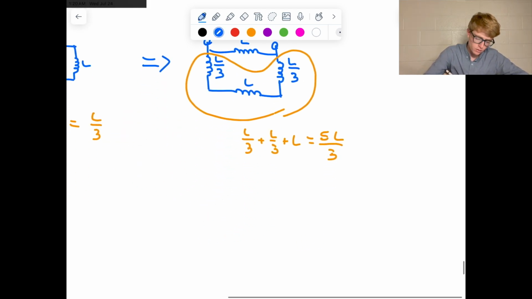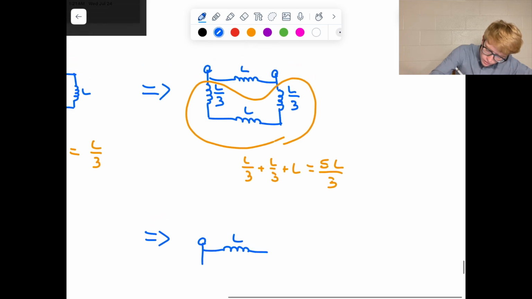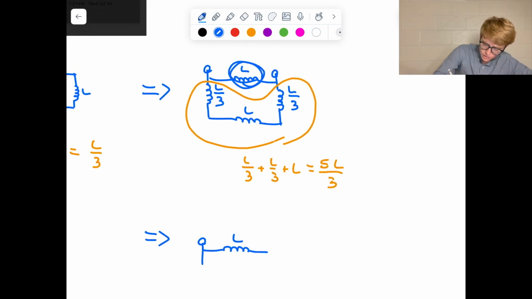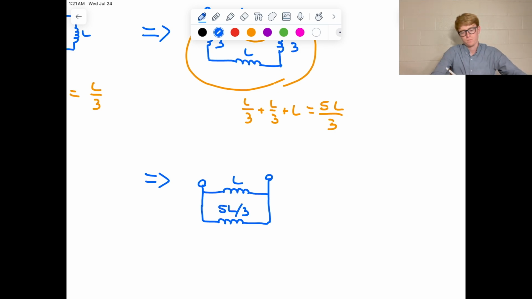So now, final simplification there. Now our circuit looks like this. So this is still L. We still haven't modified this guy up here. But now we've modified those 3, combined them. So that is 5L over 3.